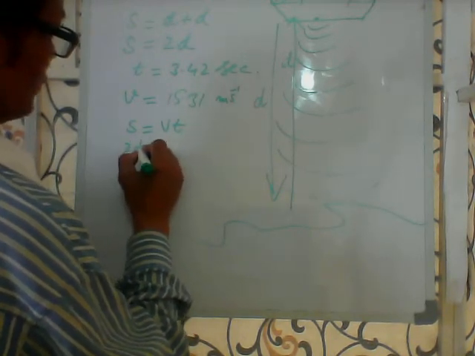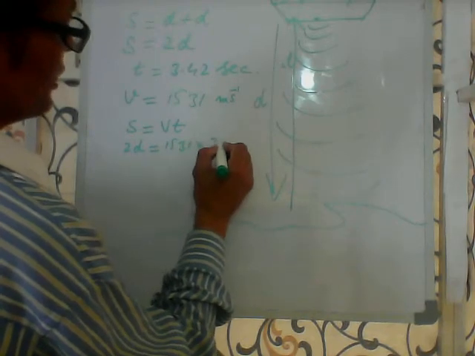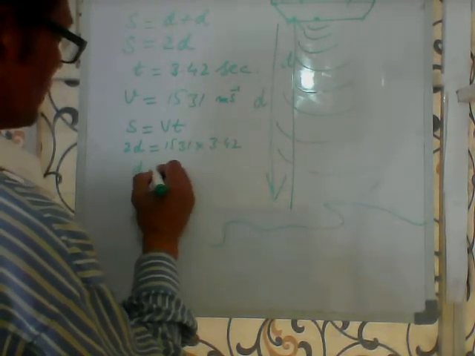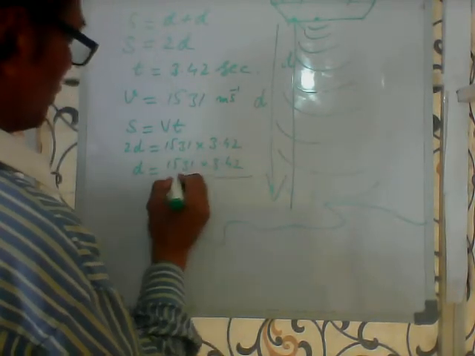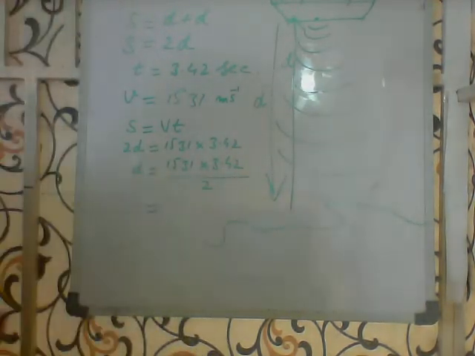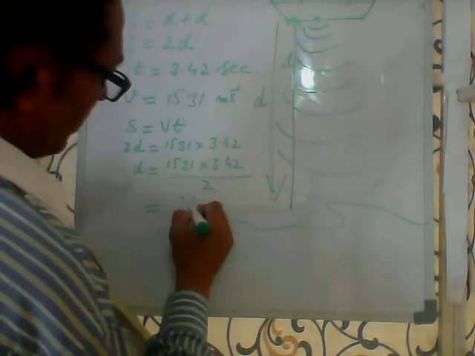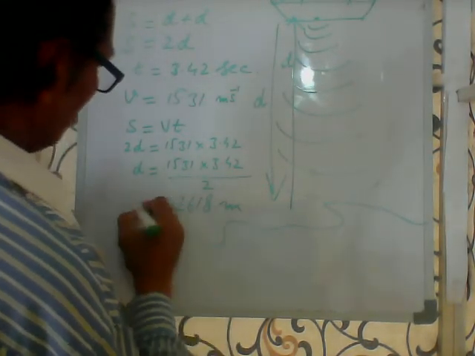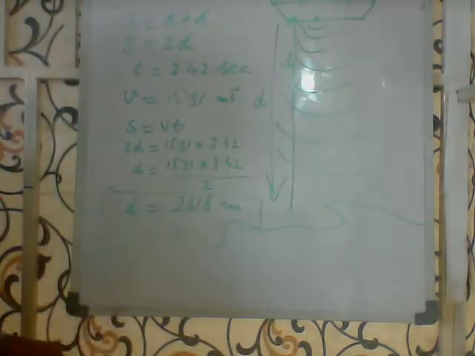Put the values. 2d is equal to 1531 into 3.42. So d is equal to 1531 into 3.42 whole divided by 2. And you will calculate it and you will get its answer as 2618 meter.